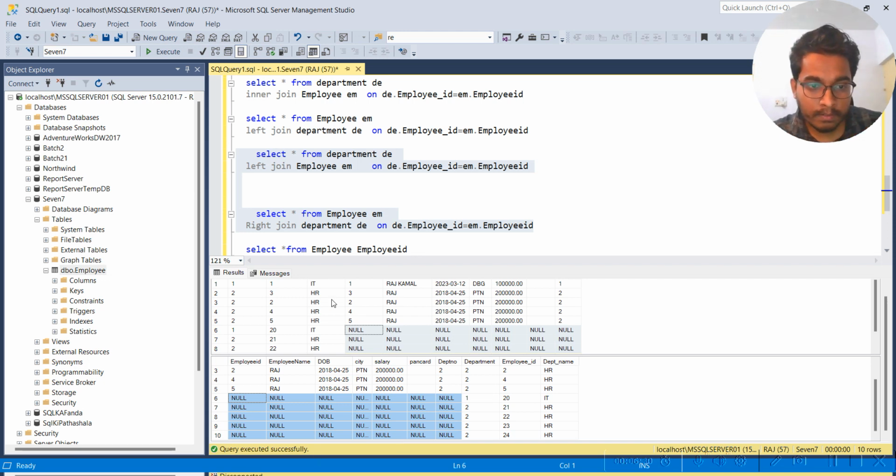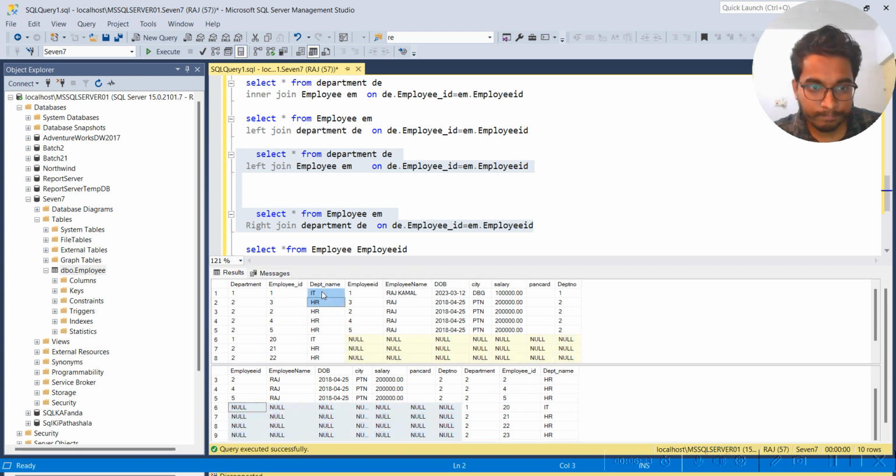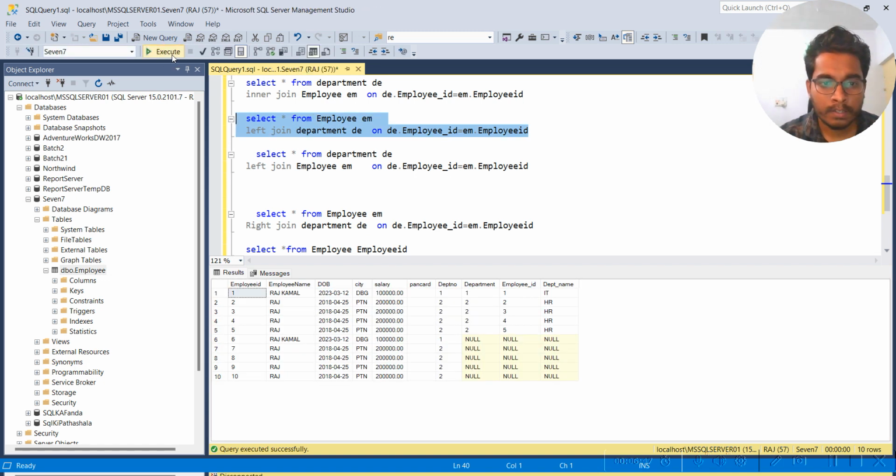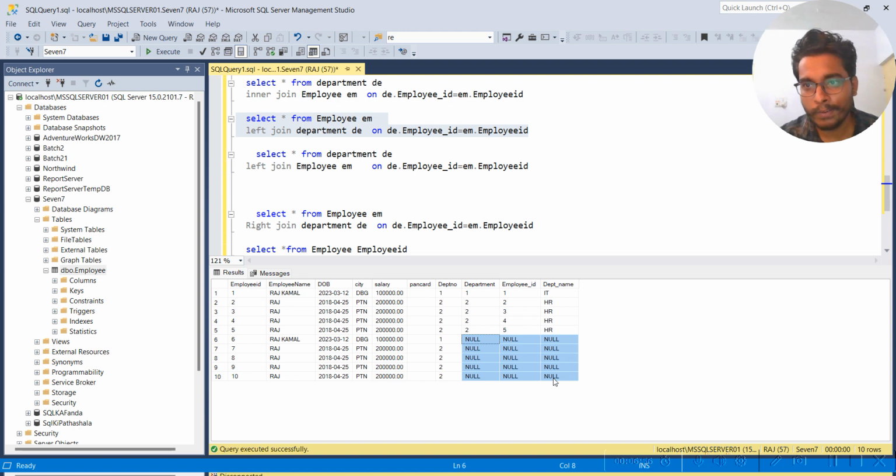And coming to the number of rows we are getting, just be careful. In the first case we are getting all the rows from the left table, 1 to 10, and then we are getting null values for the columns which are not matching. So the matching rows are going to be the same, but for non-matching we are going to get data from the left table and we are getting null values from the right table in case of left join.